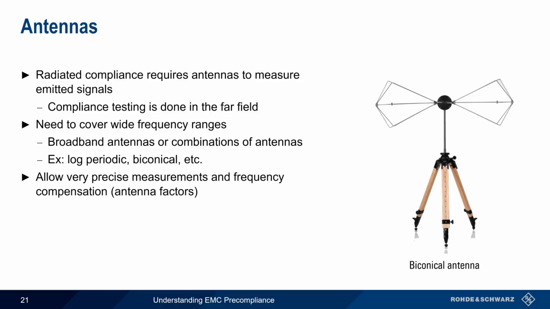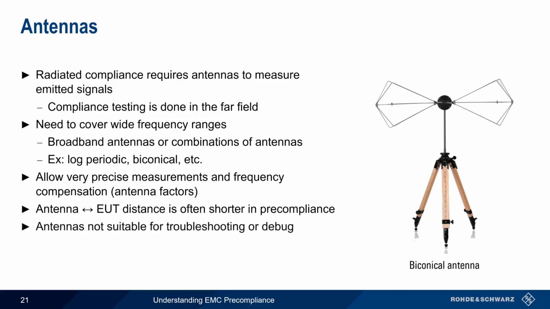The same type of antennas can be used in both compliance and pre-compliance, but as mentioned earlier, the distances between the antenna and EUT are often shorter in pre-compliance testing, and this in turn requires some modifications to the radiated limit lines. With regard to troubleshooting or debugging the causes of emissions, these types of antennas are, however, not very appropriate. They're normally too large and too bulky to provide precise information about which part of the EUT is generating emissions.